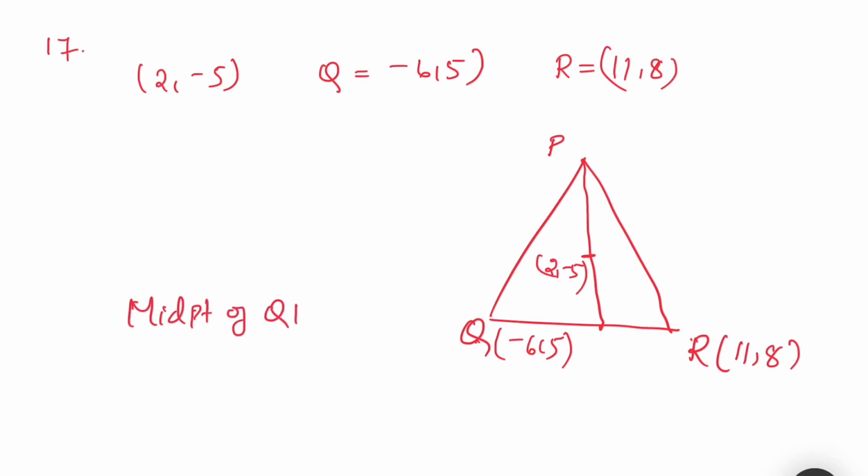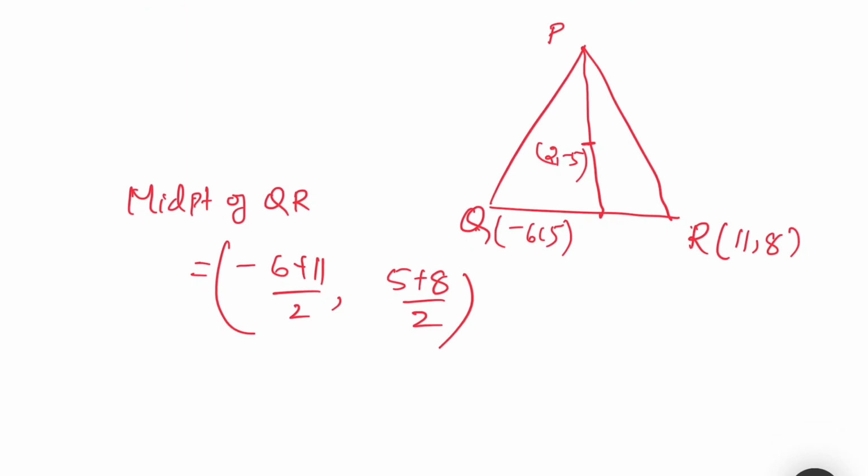Midpoint of QR is equal to ((-6 + 11)/2, (5 + 8)/2). So what do you get here? 5/2 and 13/2. Okay, we have 5/2 and 13/2 here.